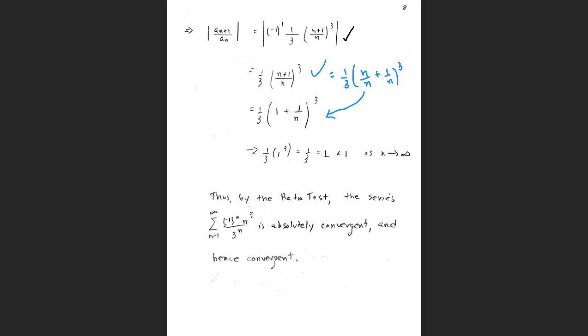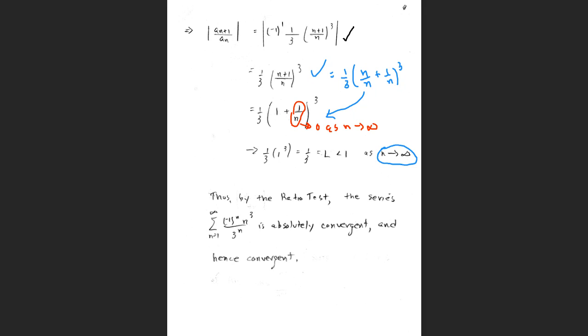The absolute value of the ratio is 1/3 times the quantity 1 plus 1 over n to the third power. And as we let n go to infinity, the 1 over n is going to drop out, right? 1 over n will go to 0 as n goes to infinity.